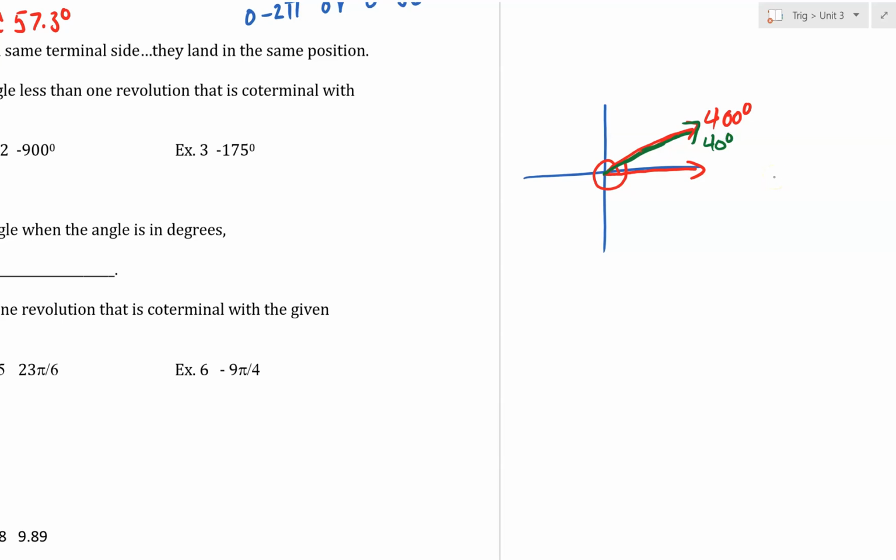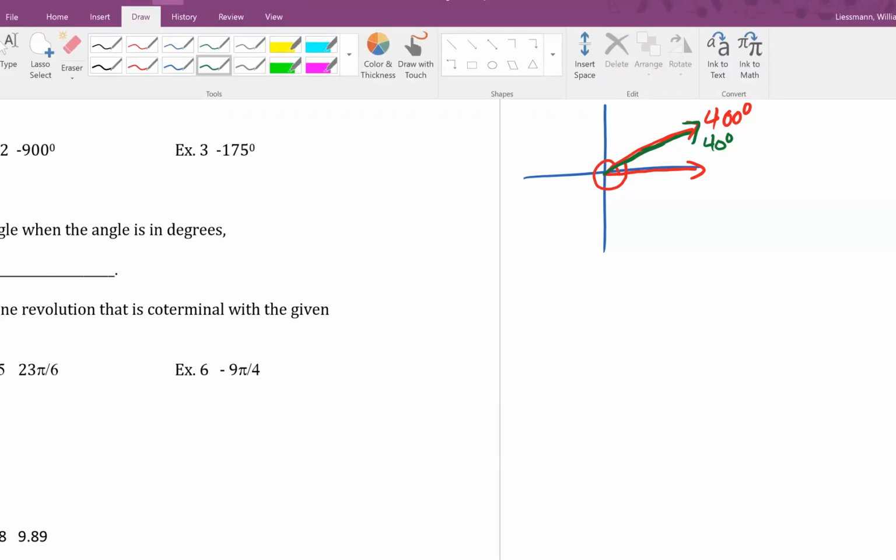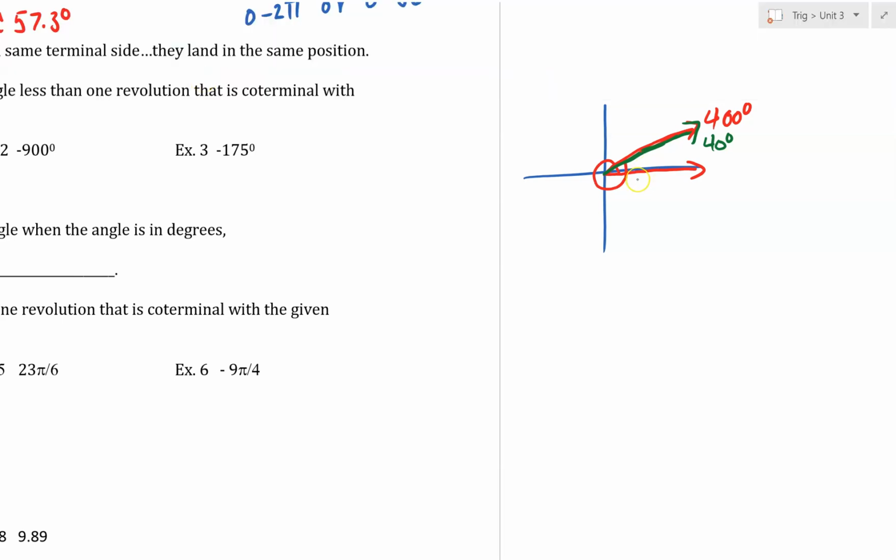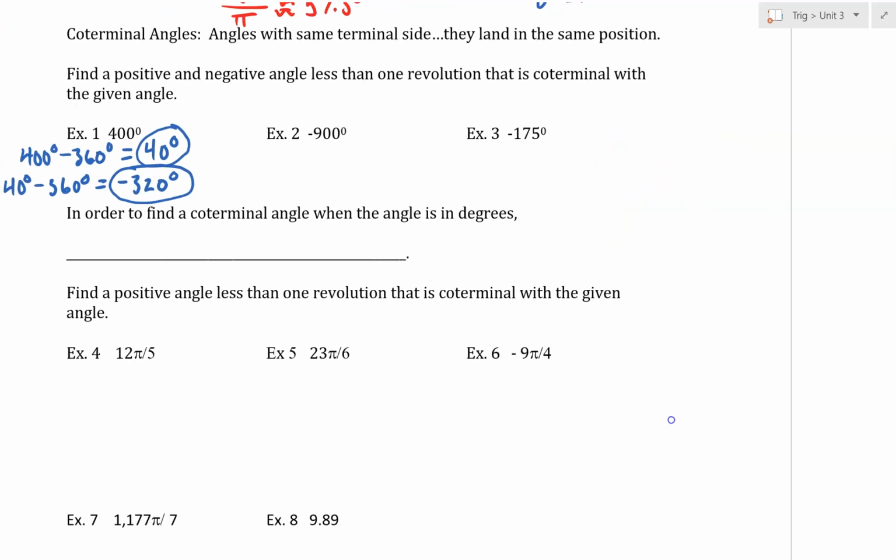And if I had a negative angle that would be coterminal to that, well then, instead of going counterclockwise to find my angle measure, I could actually go clockwise. So here, if I started here and I went all the way around to here, well, that would be negative 320 degrees, coterminal. So hopefully we understand the 2 parts to that.